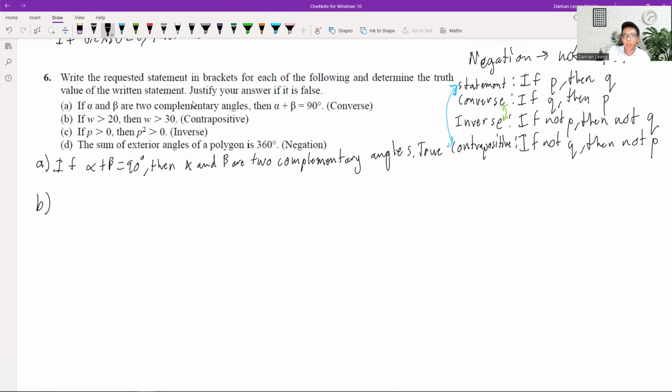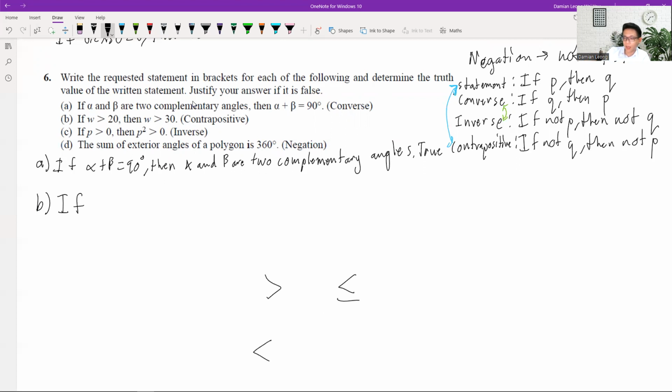Part B: if W more than 20, then W more than 30. Contrapositive means switch the antecedent and consequent and negate also. So how do we negate the inequality? Basically, negating an inequality will be the opposite of it. More than, the opposite is not just less than, it's less or equal.